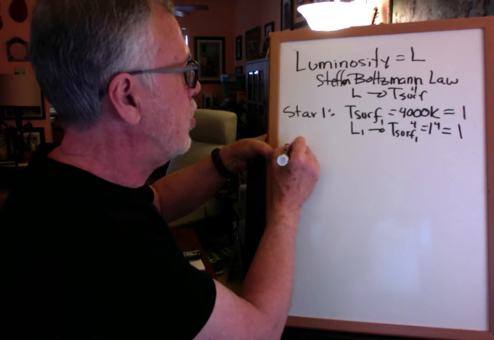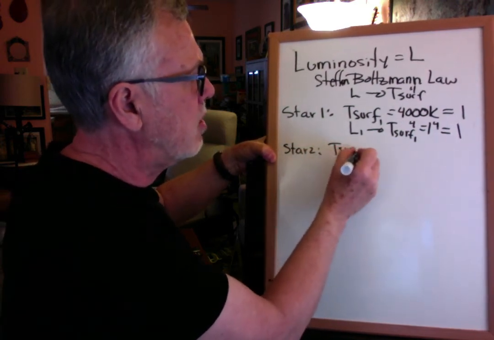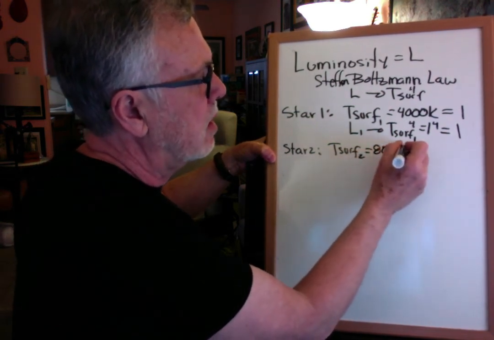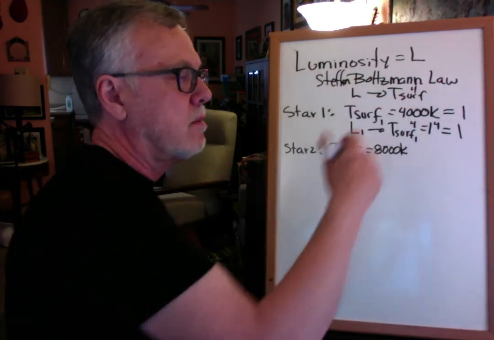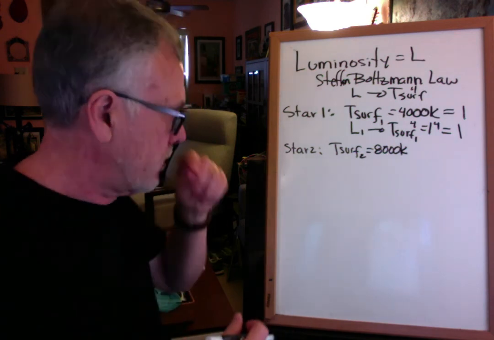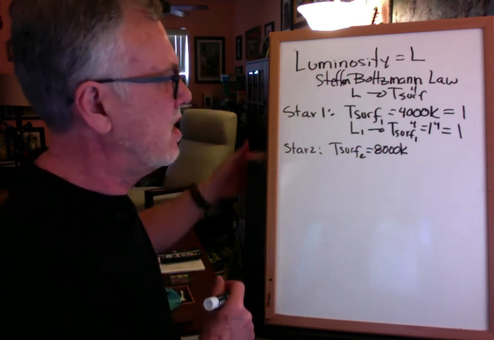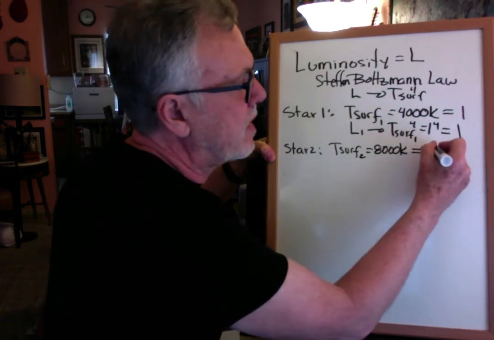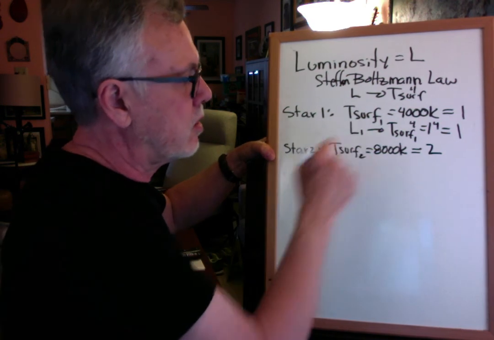So star 2, its surface temperature is 8,000 K. This star is a reddish star. This star is brighter than our star. It's hotter than our star, probably an F star. But we're not going to use 8,000. It's twice as hot as the 4,000, so I'll make it a value of 2. So I've doubled the temperature from star 1 to star 2.